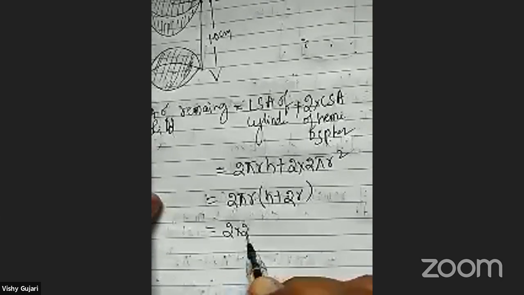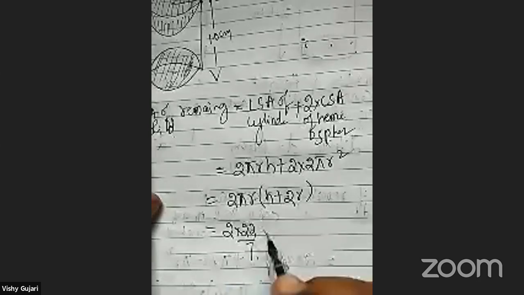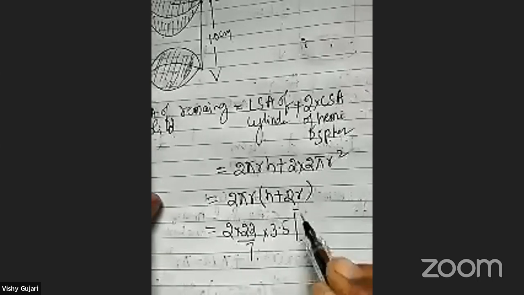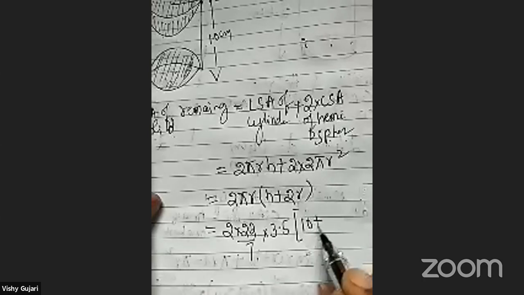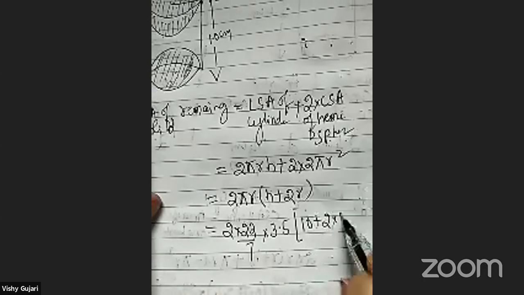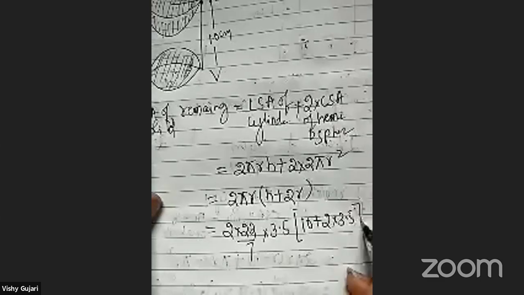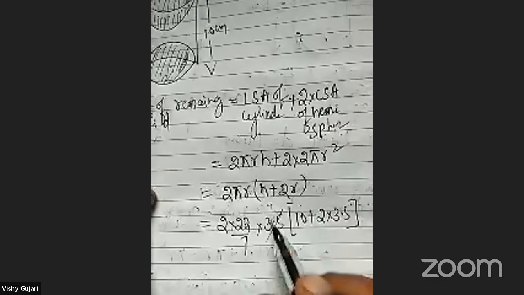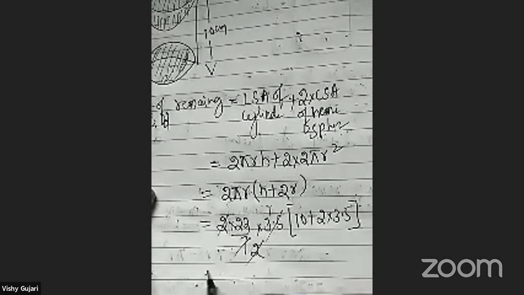That is equal to 2 into 22 by 7 into 3.5 into bracket 10 plus 2 into 3.5. The 3.5 twos are 7, so the twos get cancelled.